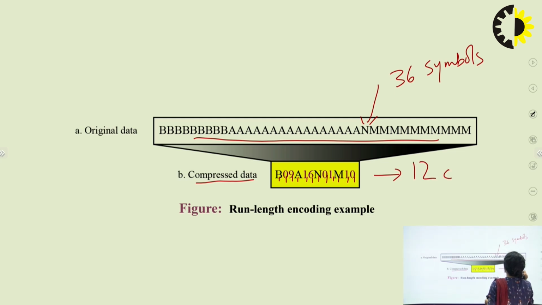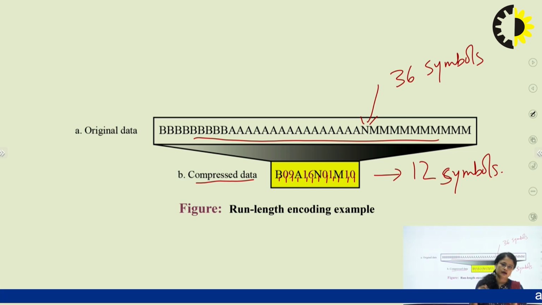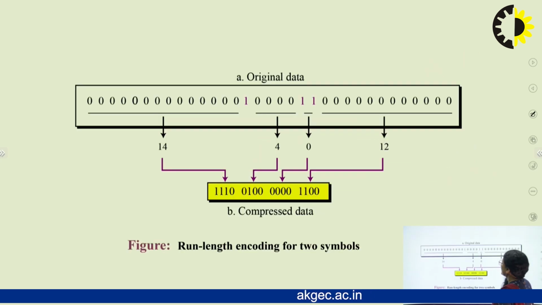So from 36 symbols we are reducing it to 12 symbols. The point to be noted is that it is a lossless compression technique, because we are not compromising on the integrity of the data. The meaning of the data before and after the compression is still the same. We have only changed how we look at it.